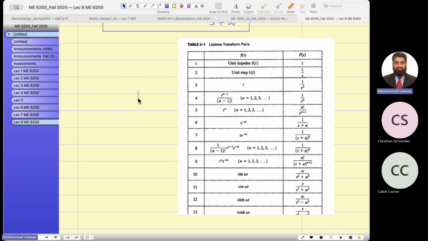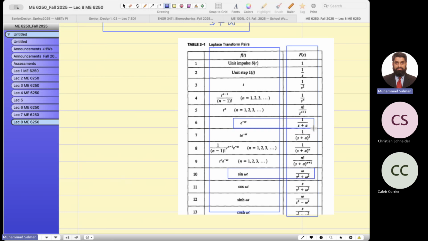The Laplace transforms of the time domain functions are written here, and these are the time domain functions. The one which we just saw is sine omega t and e to the negative at.